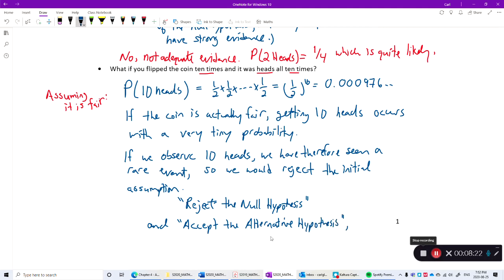So we would say, yes, it is biased towards heads. And you might be thinking, well, how do you really know it? How do you know it's biased towards heads? You've only flipped it 10 times. That's very true. It is possible that it really is a 50-50 chance, and yet, just by bad luck, you get heads 10 times in a row.